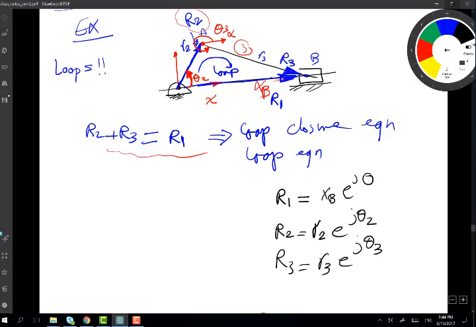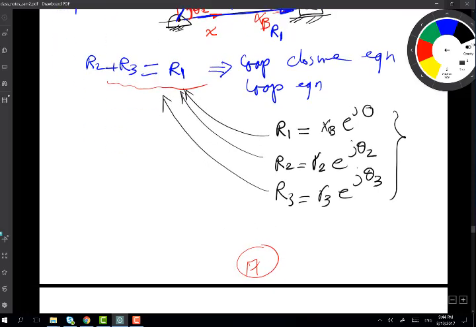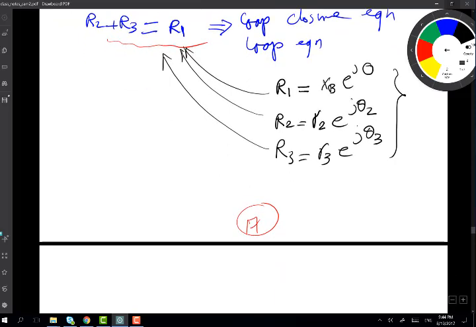So now I write my vectors in the polar form, and then I plug those into my equation here. So I go R2 e^(j theta 2) plus R3 e^(j theta 3) is equal to R1, which is xb e^(j0).